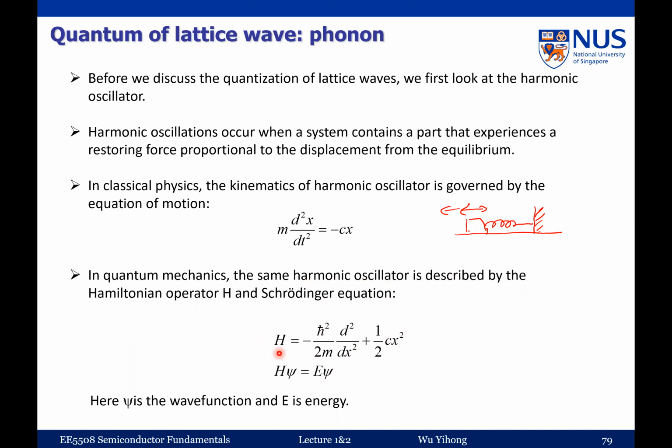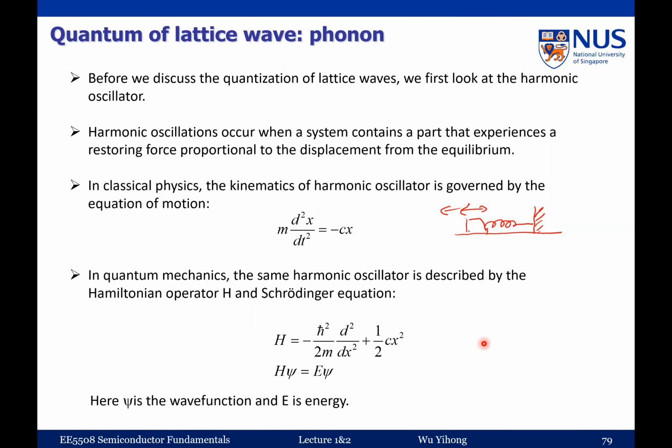Now, when you use this Hamiltonian to act on something we call a wave function, and you find that eventually you get another wave function which is proportional to the wave function itself, then the proportionality coefficient is basically the energy of the system, right? This is very simple in quantum mechanics. Okay, so for this harmonic oscillator, people have solved this.